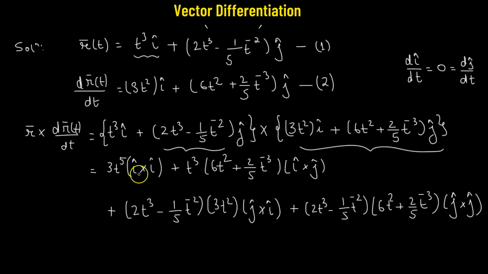Here i cap crossed with i cap will go to 0, and the fourth term will also go to 0 because j cap cross j cap equals 0.